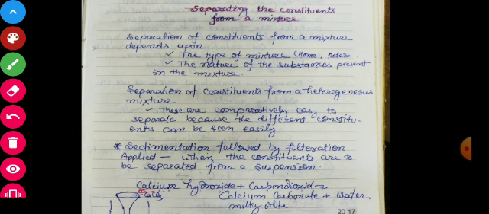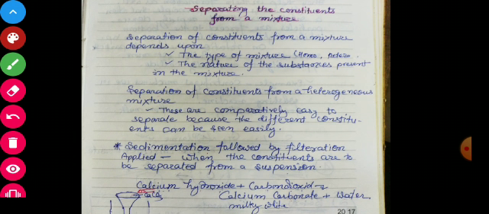So sulfur passes into the solution while iron particles remain as such. The mixture solution is then filtered. The solid iron particles remain on the filter paper, and from the solution which is collected in the beaker, sulfur can be removed by evaporating it.